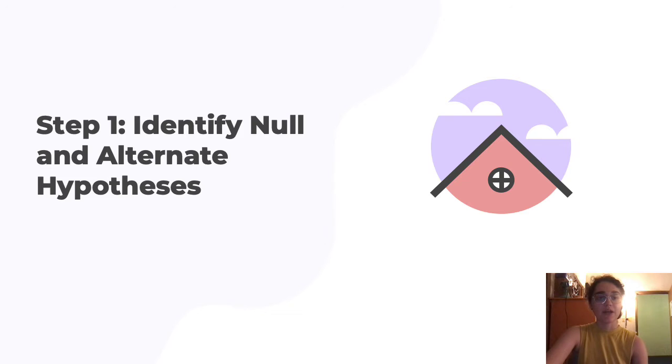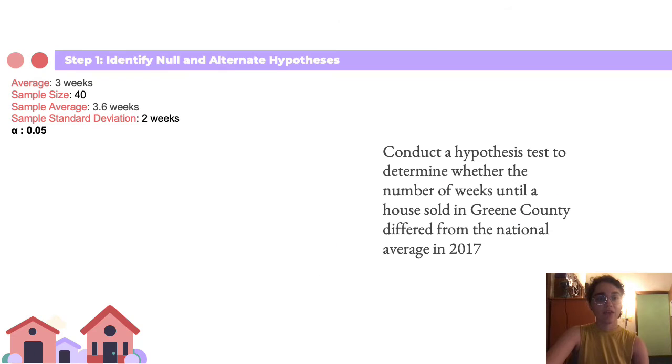So for step 1, we need to identify a null and alternate hypotheses. Given everything we know already, we need to figure out H0 and HA. The key word here would be differed. Instead of being less than, greater than, more or less, the important word in this statement is differed, which means we are looking for something that either is the national average or isn't the national average.